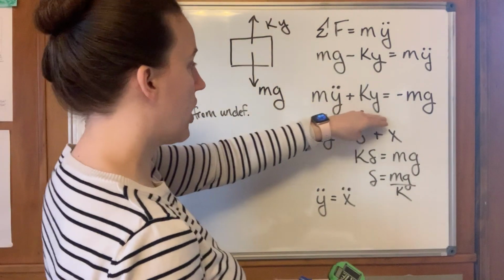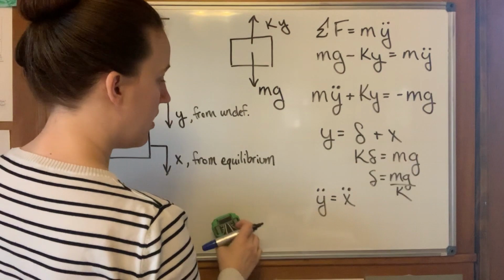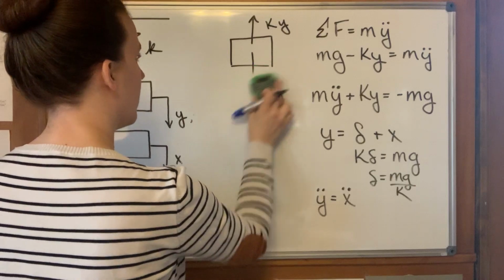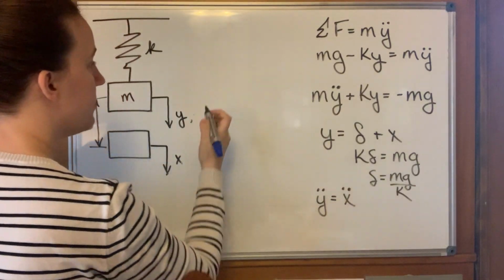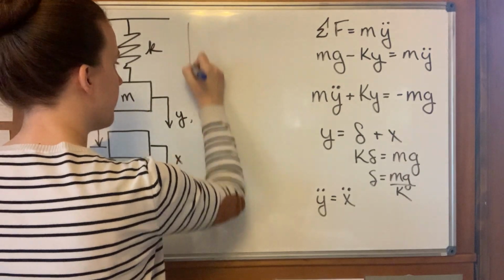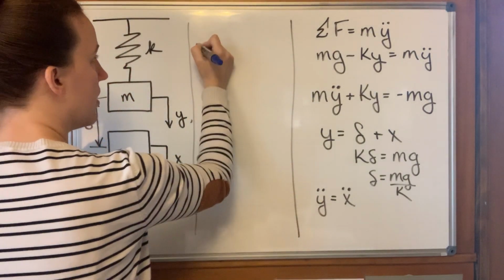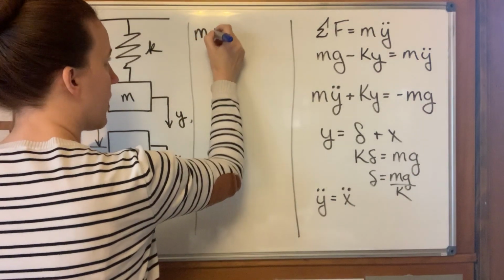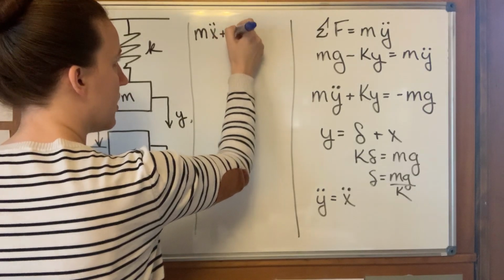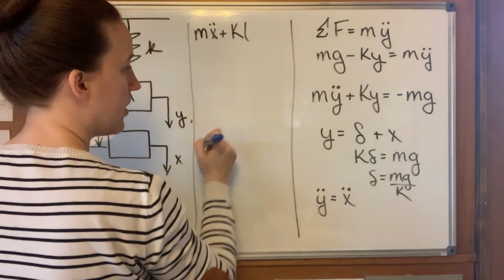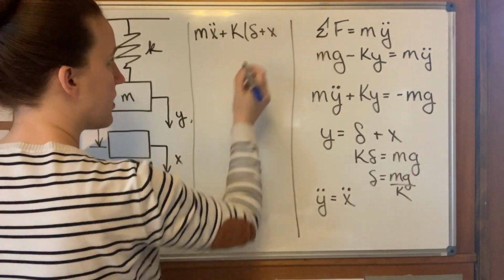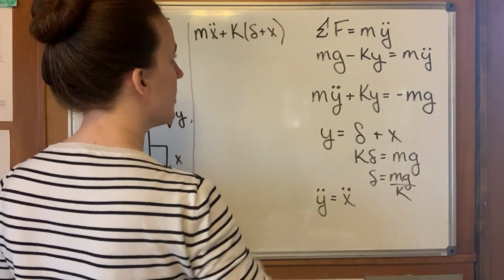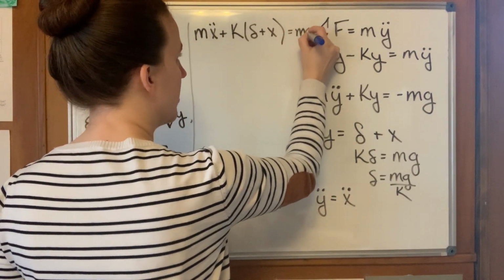So now we can change our formula here, and I'm going to give us some space for that, where we're going to say x double dot plus k delta plus x equals mg.